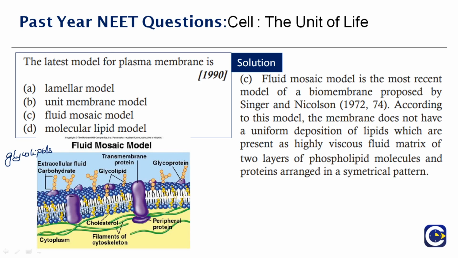You have an extracellular fluid, glycolipid, glycoprotein. As I already said, the carbohydrate which is present in minimal amount will get attached with the lipid and the protein, thereby forming a glycolipid and glycoprotein. So the latest model of plasma membrane is the fluid mosaic model, which is option C. Very easy question, right?